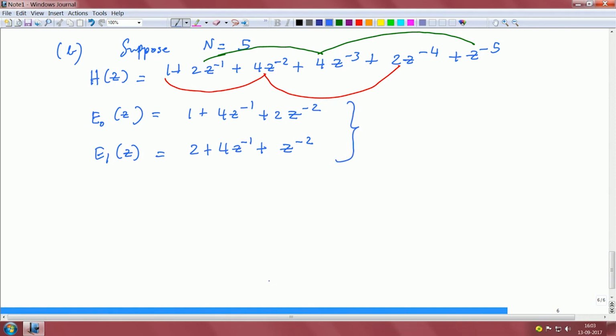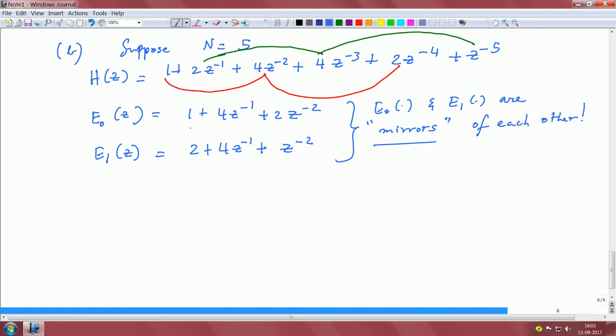Now, we observe E naught and E1. Unlike the even case, these are not symmetric, but E naught and E1 are mirrors of each other.